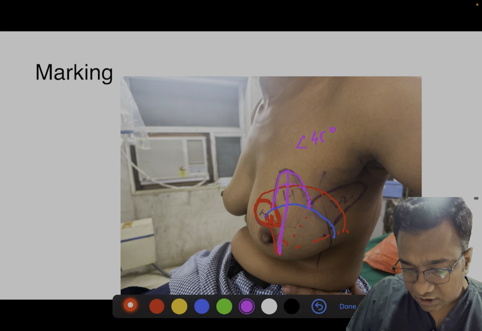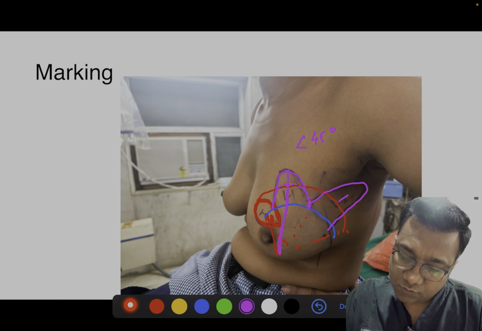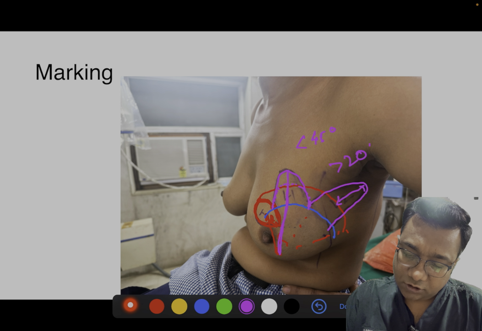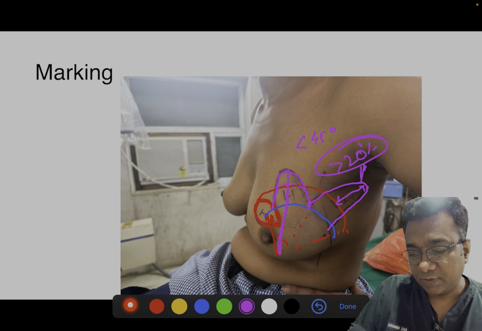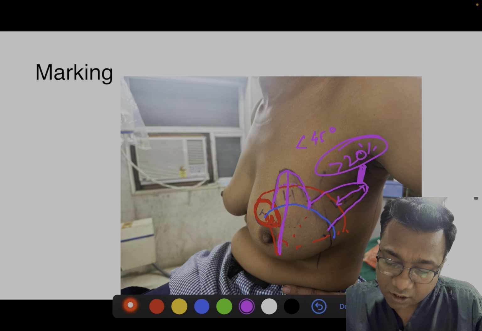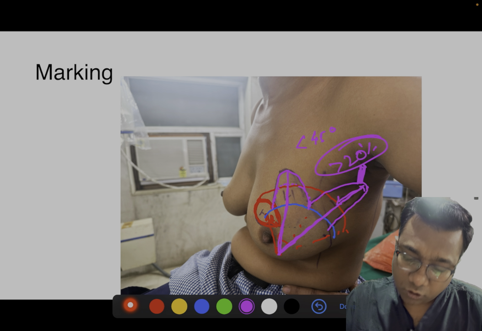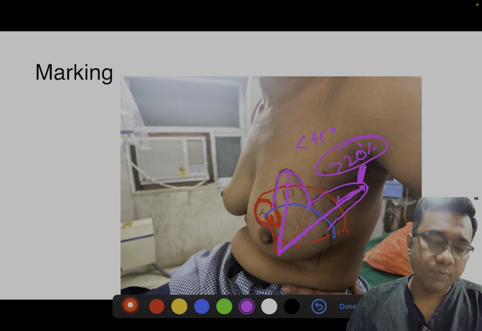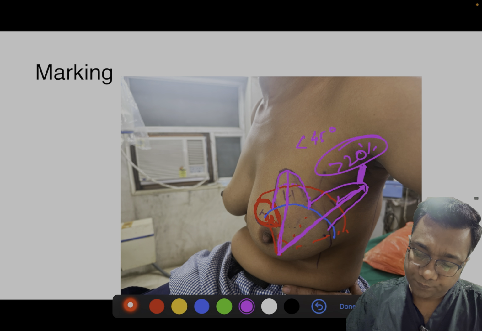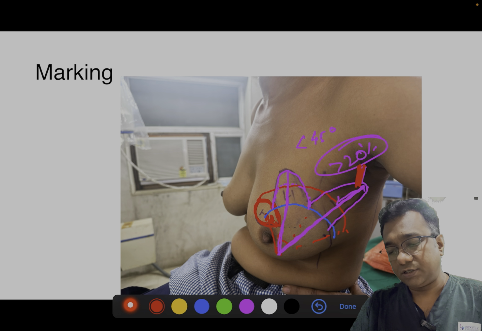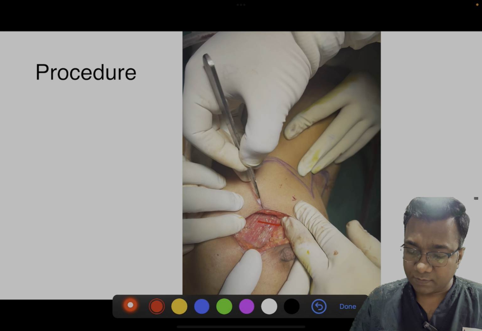But with this one, this increase is more than 20%, so the tip will require some sort of blood supply, and that's what we have done with this. Not only that, this angulation is a little bit more in comparison to the standard bilobed flap. So here the addition of this vascular supply is really going to be helpful. So that's the modification, that's the marking.